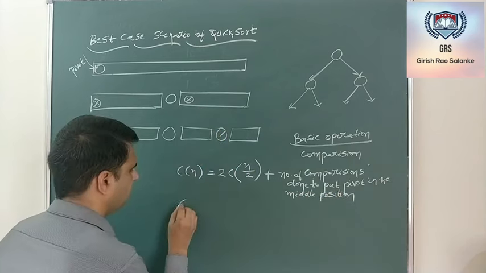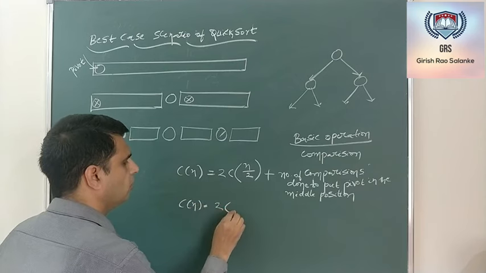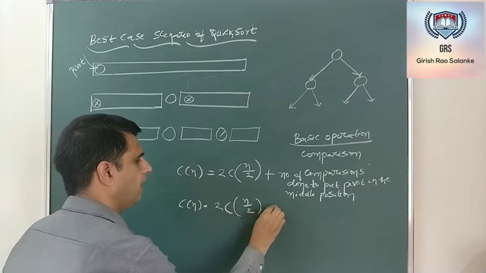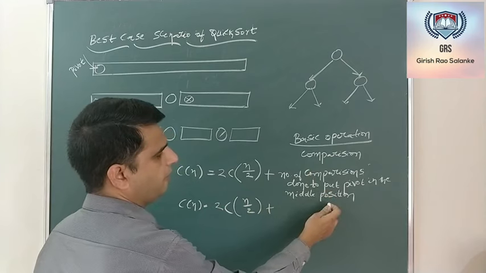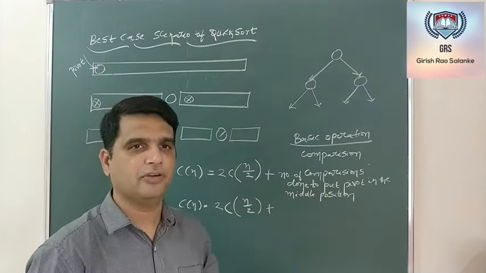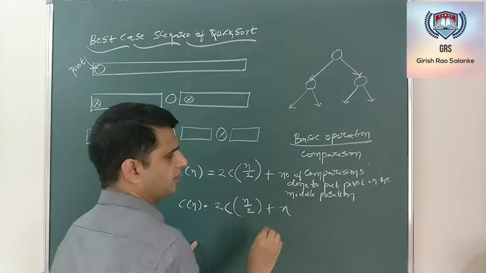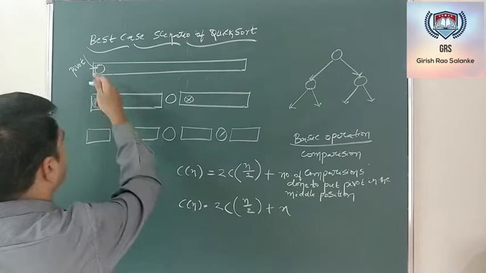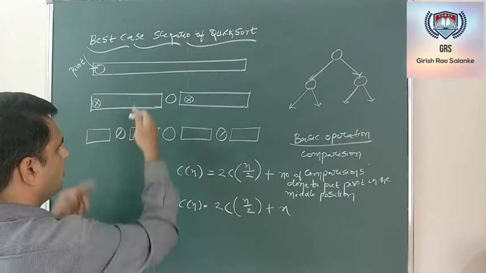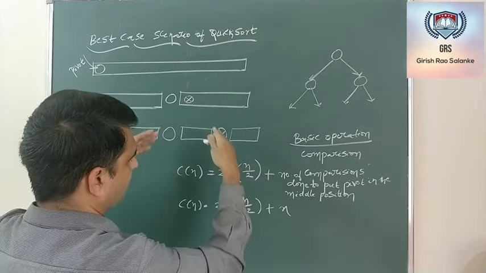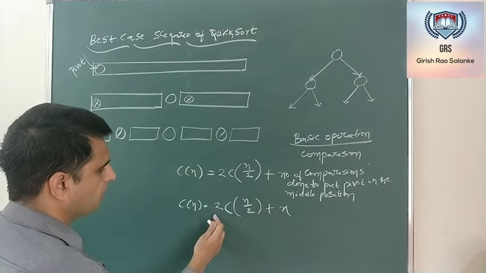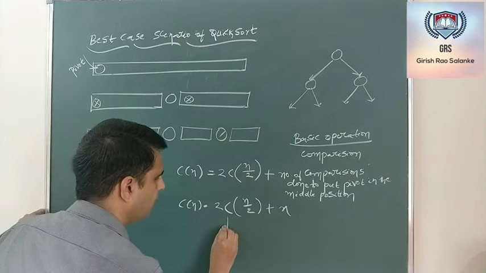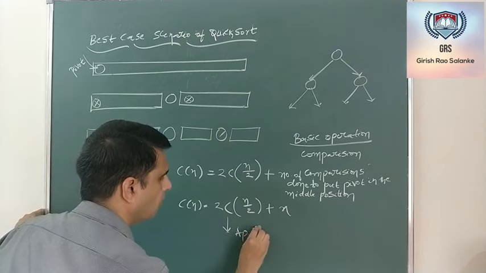Or I can say C of n is equal to 2C of n by 2 plus n, since the maximum number of comparisons we do is n. So at most we do n comparisons to put this pivot element in the middle position. So this keeps recurring. Now what you can do? You can solve this by applying the master theorem.